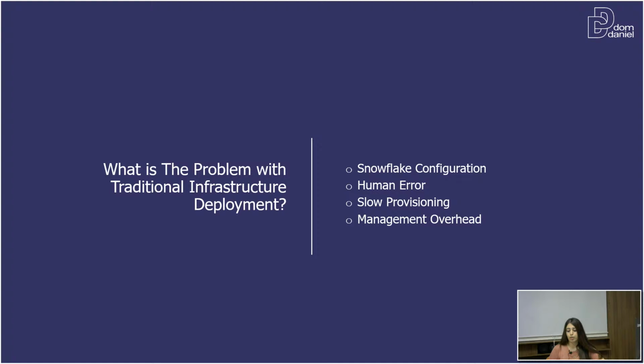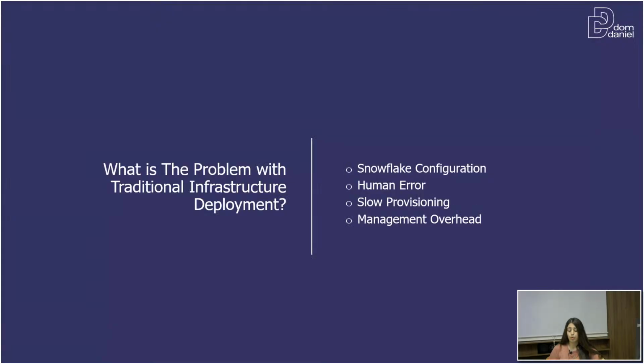The second issue connected with traditional deployments is the human error. It is impossible to deploy infrastructure without this factor. However, during manual configuration, human factor is considerably high. So we need to minimize it as much as we can.